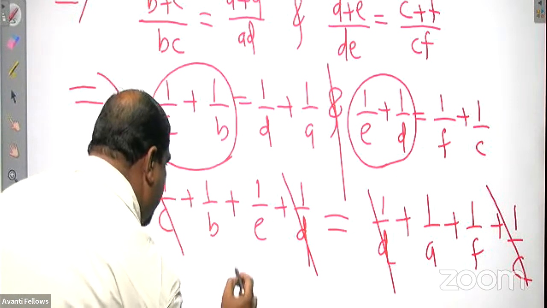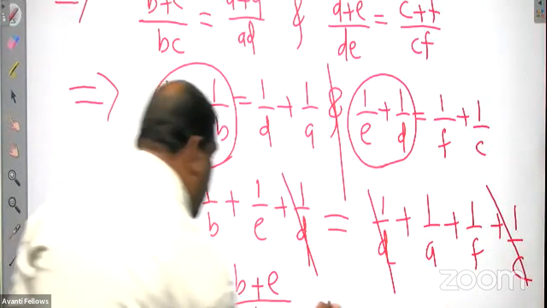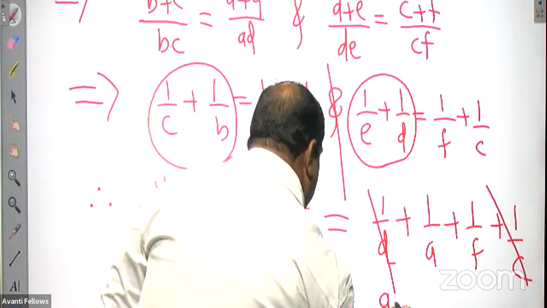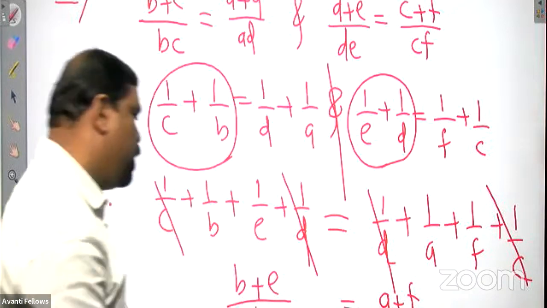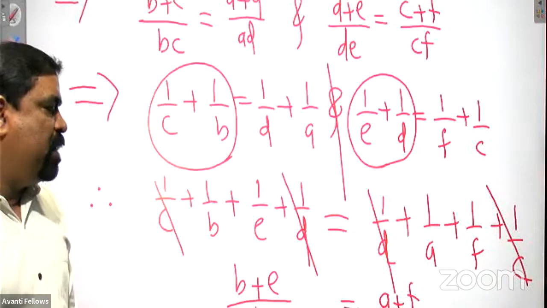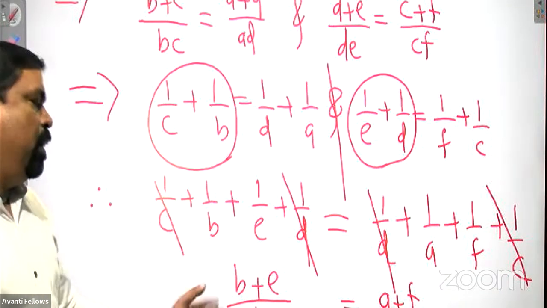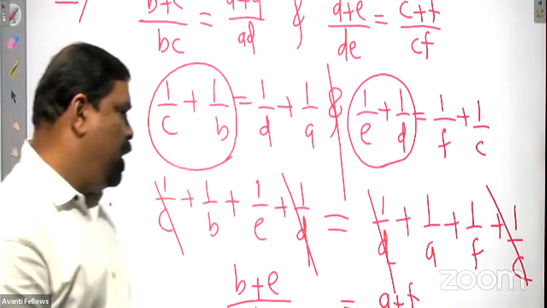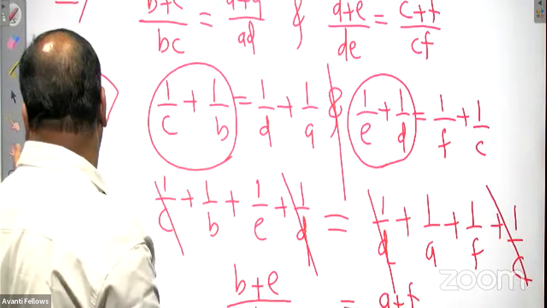That can be again cross multiplied. So this will be equal to B plus E divided by BE, and right side 1 by A plus 1 by F, that is A plus F divided by AF. Then if you cross multiply, that will give the answer: AF into B plus E equal to BE into A plus F. And that is the required condition, isn't it?